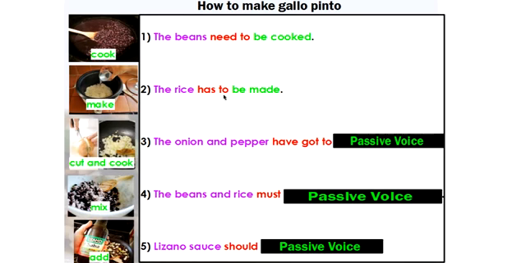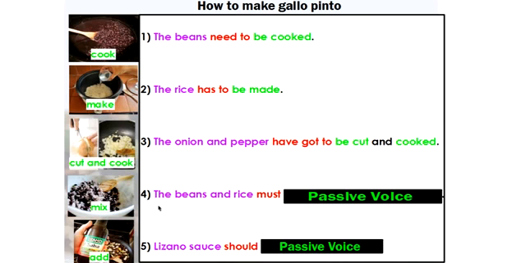Again, the modal has to be in the base form and my past participle made. Very good. Okay, the onion and the pepper, right? The vegetables, we'd say the onion and the pepper have got to be cut and cooked. So there's my modal, have got to, using the base form of be. The past participle of cut is cut, and the past participle cooked.